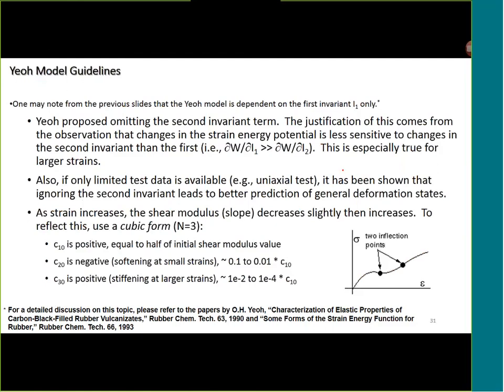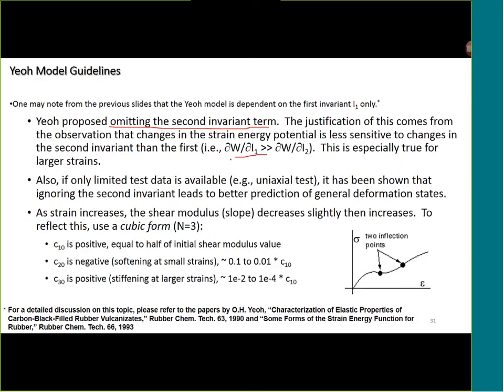Here are some guidelines for the Yeoh model. The second invariant is omitted because there is a lot of experimental justification that at the higher strain range, the influence of the derivative of the second invariant is much smaller compared to the influence of the first invariant.